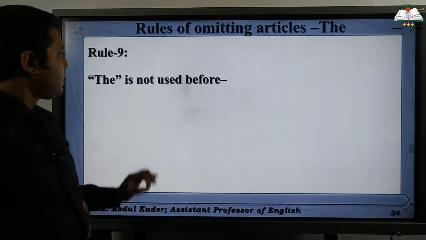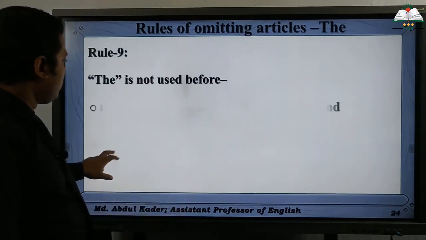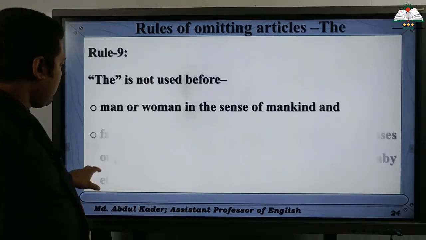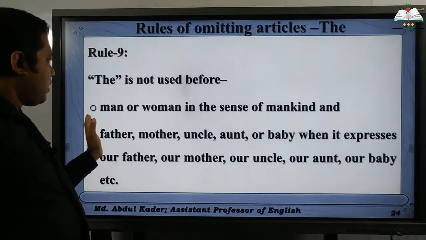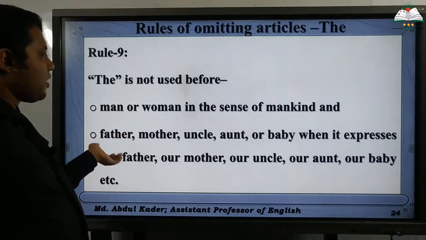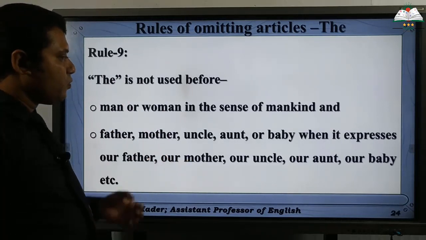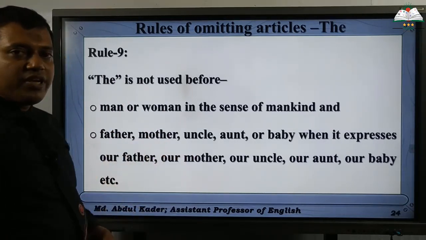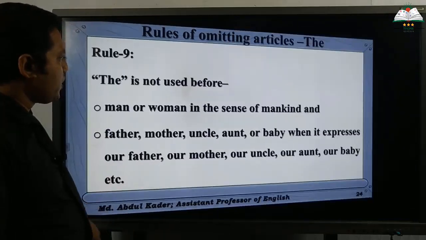Rule number 9, the is not used before man or woman in the sense of mankind. And the is not used before father, mother, uncle, aunt or baby when it expresses our father, our mother, our uncle, our aunt, our baby, etc. Look at the examples.